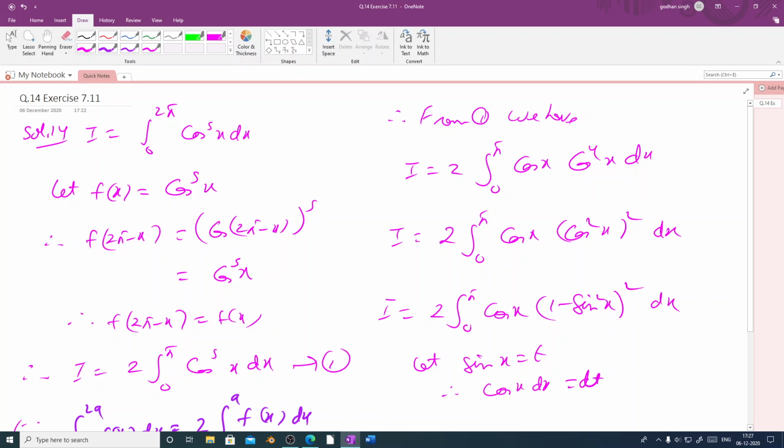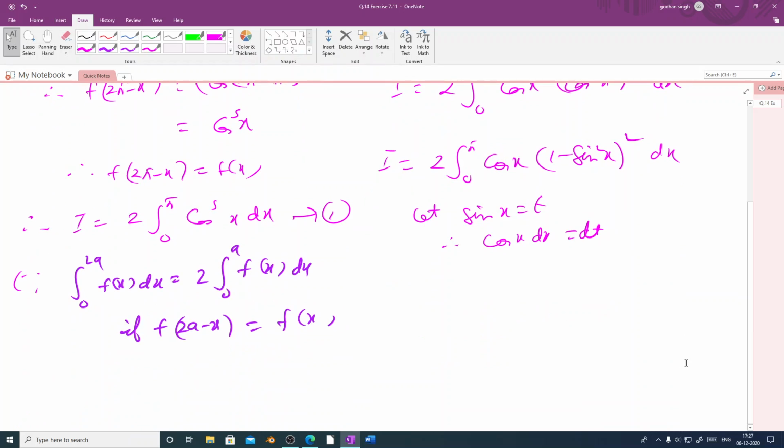Now we know that whenever we are doing substitution we have to change the limits also. Because we are integrating in terms of x, the limits are in terms of x. So x equal to 0 implies t equals sine 0, that is 0, and when x equals pi, t equals sine pi, which is 0.